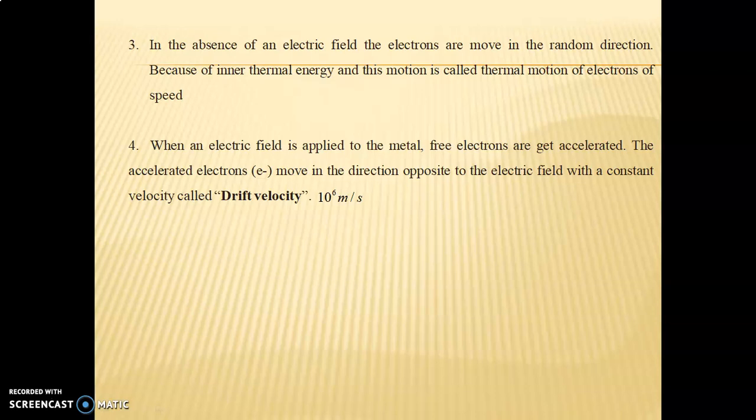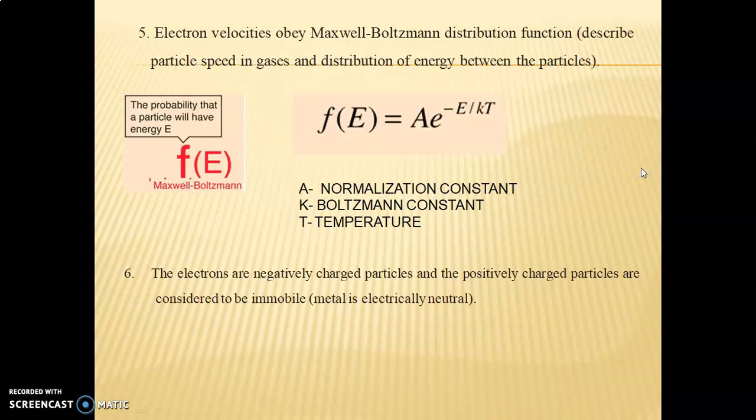The velocity of this accelerated electron is called drift velocity or average velocity.